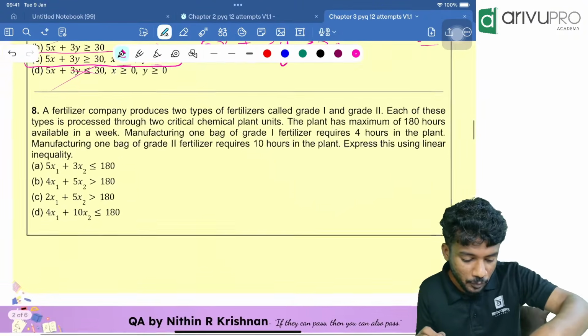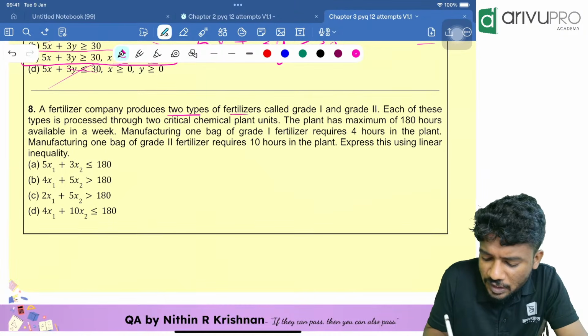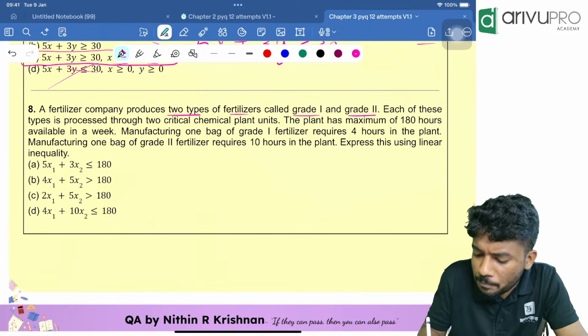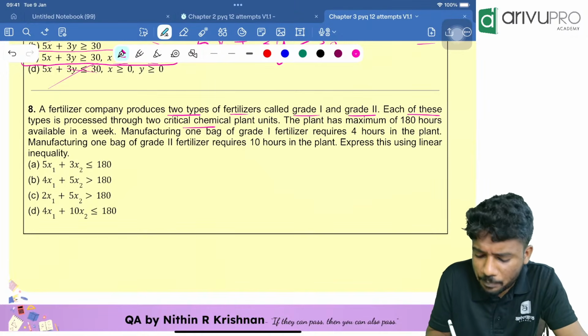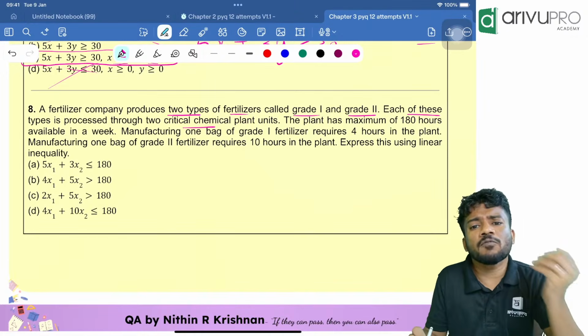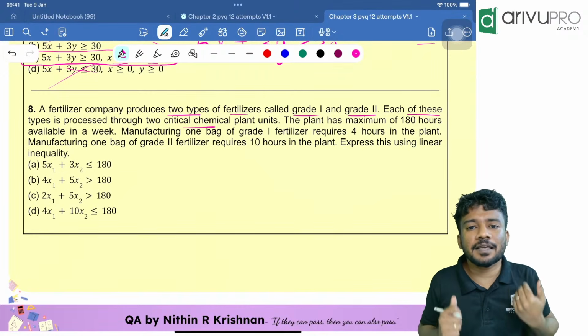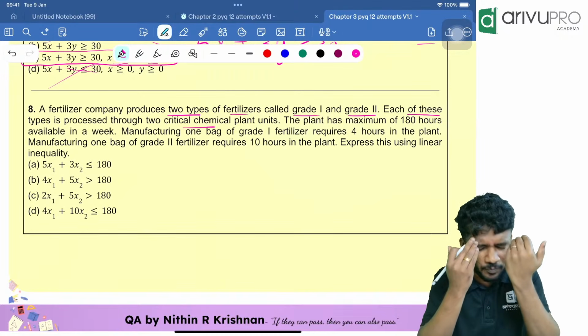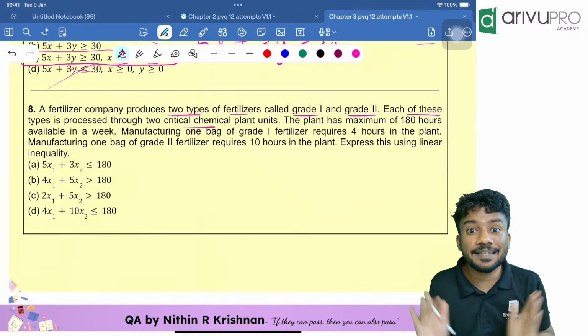Next question, look here, another direct question. A fertilizer company produces 2 fertilizers called grade 1 and grade 2. Each of these types is processed through 2 critical chemical plant units. And one important thing is, without even reading the entire question, I can answer these type of questions. Or it may be any type of question paper, you can answer without even completing the entire question.